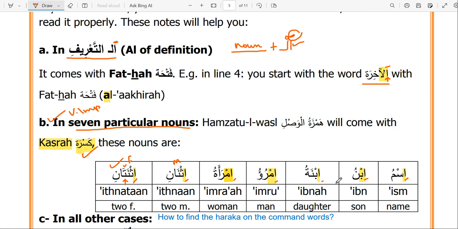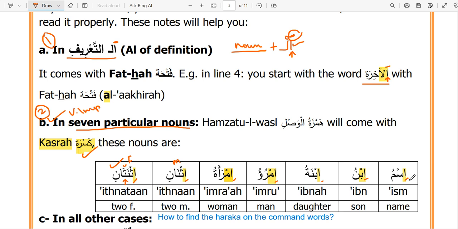And many other random nouns we read with lamat tarif, they all start with a fatha. We know this. The first point, we know those which start with fatha are the lamat tarif. This hamzatul wasl comes in the lamat tarif. And then the hamzatul wasl comes in these, this is the second one which starts with kasra, those 7 nouns which come with kasra.